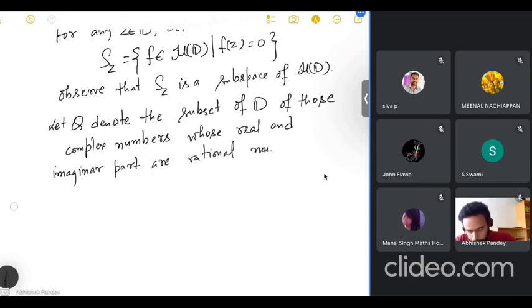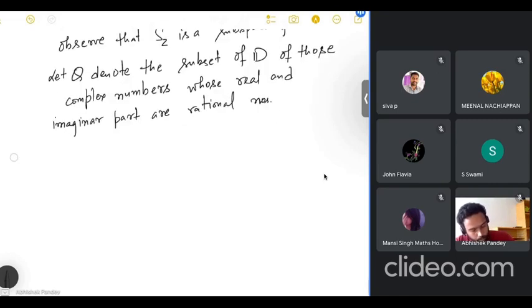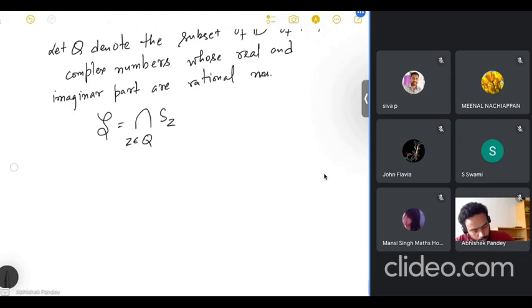Now let us define this new set S, which is nothing but the intersection of Sz over z belongs to Q. So the question is, what is the dimension of S?